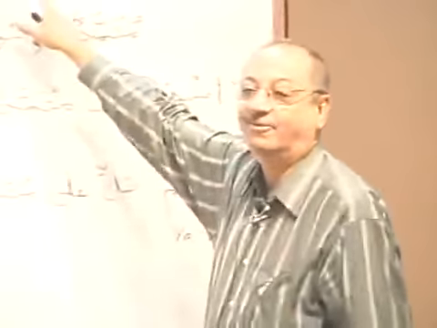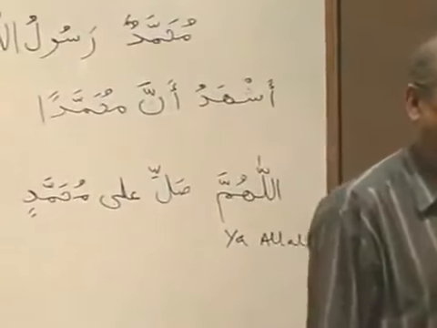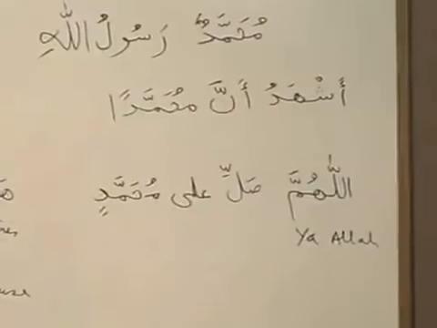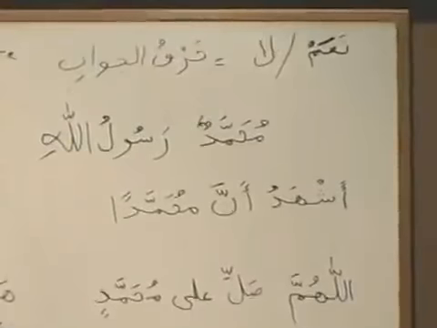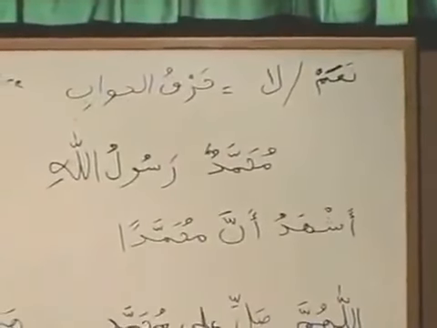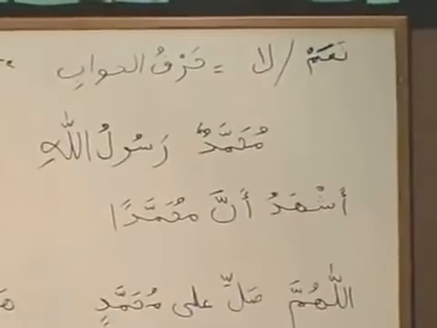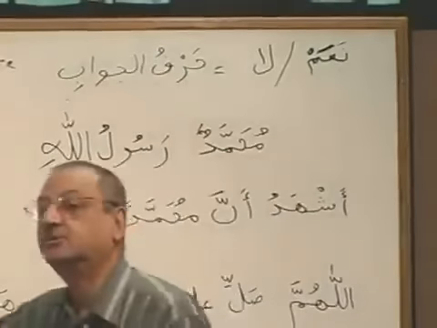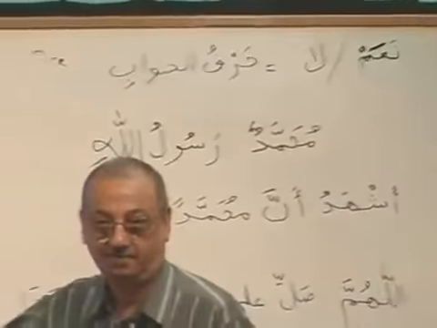Okay. What is hadha? It's a noun. What is bait? It's a noun. Then what is naam? It's a harf. Harfu jawab, particle of answering. And what is la? Harfu jawab. This is also a particle.